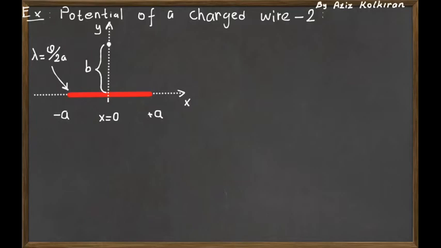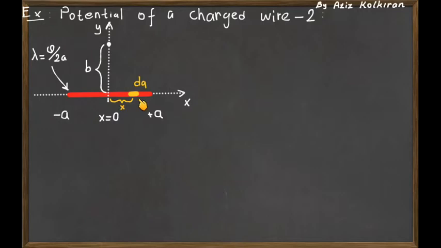And what we do again, of course, is divide this charged rod into small pieces which we call dq, because each piece has a charge dq, and express the potential of these dqs at this point.